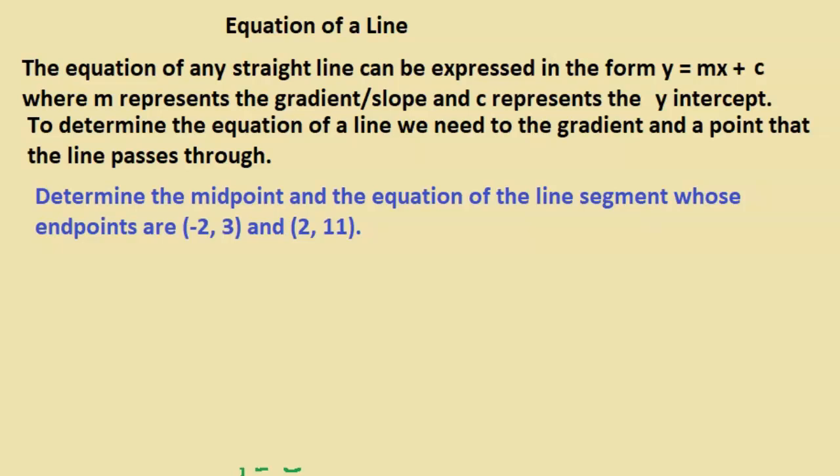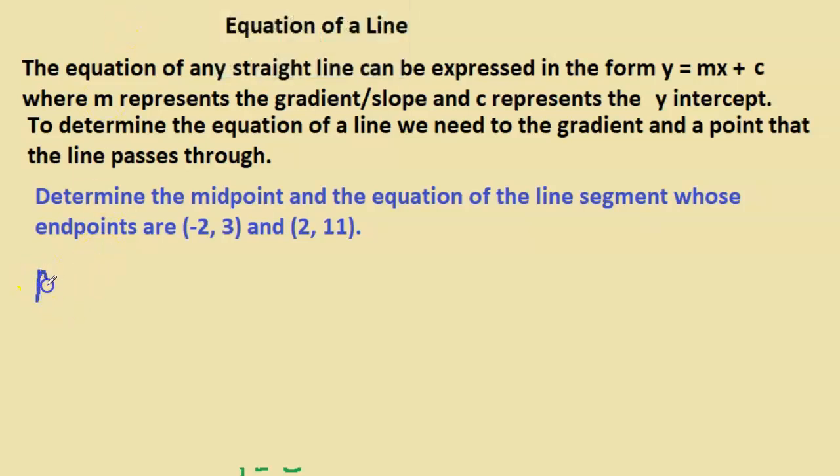Determine the midpoint and the equation of a line segment whose endpoints are -2, 3 and 2, 11. So let's deal with the midpoint first. Do we remember the formula for midpoint?